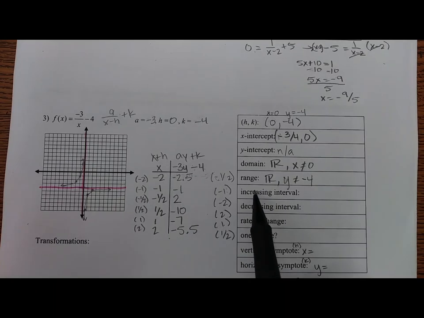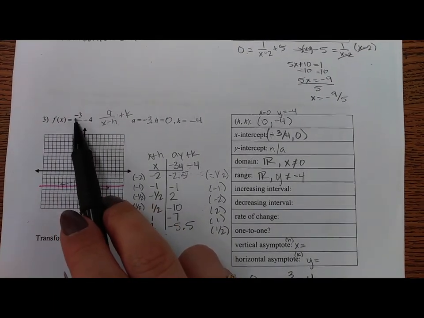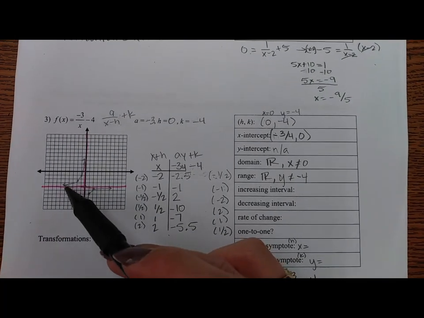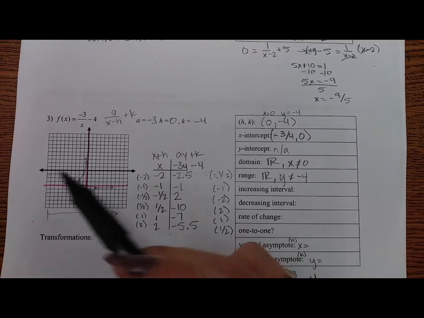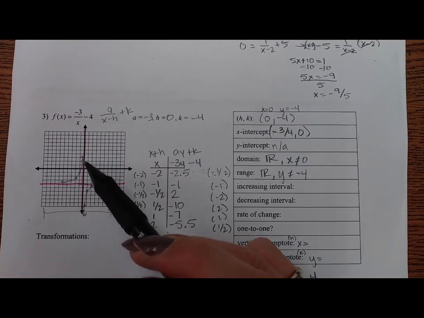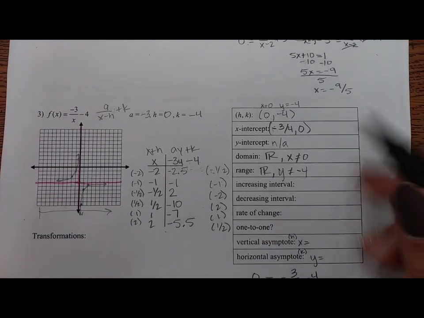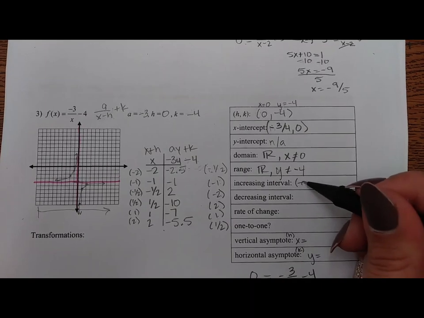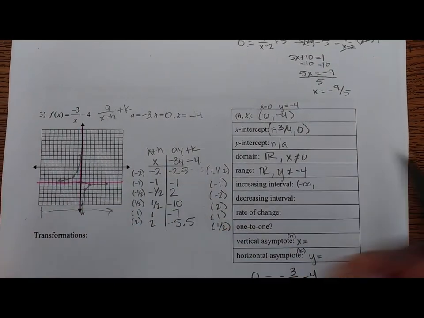So usually we have a decreasing interval, but here, because we have our vertical reflection, it's given us an increasing interval. So as we come from left to right, we're coming from the left, and as we approach this asymptote, it increases. So we're going to say that it's increasing from -infinity to the asymptote, which is here at 0.